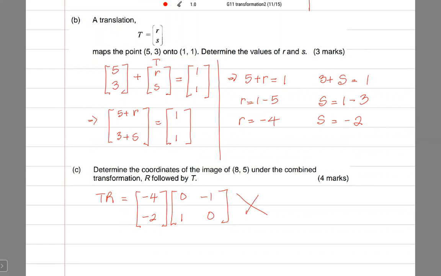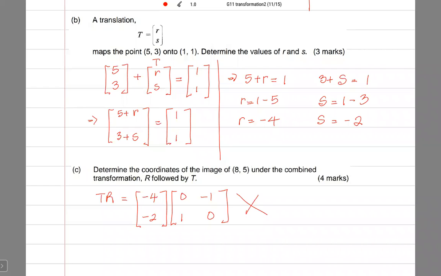Because remember, two matrices are compatible for multiplication when the number of columns in the first matrix is equal to the number of rows in the second matrix. You can't multiply these like this. You could multiply it the other way around, which is RT, but you can't multiply it as TR. So most times whenever the translation is the last transformation, it cannot be done like this.